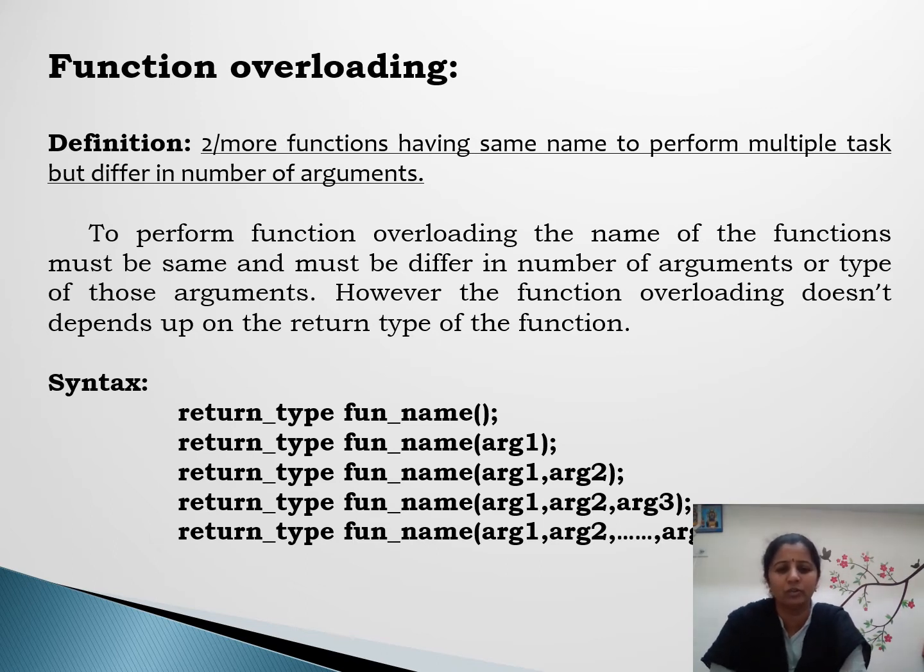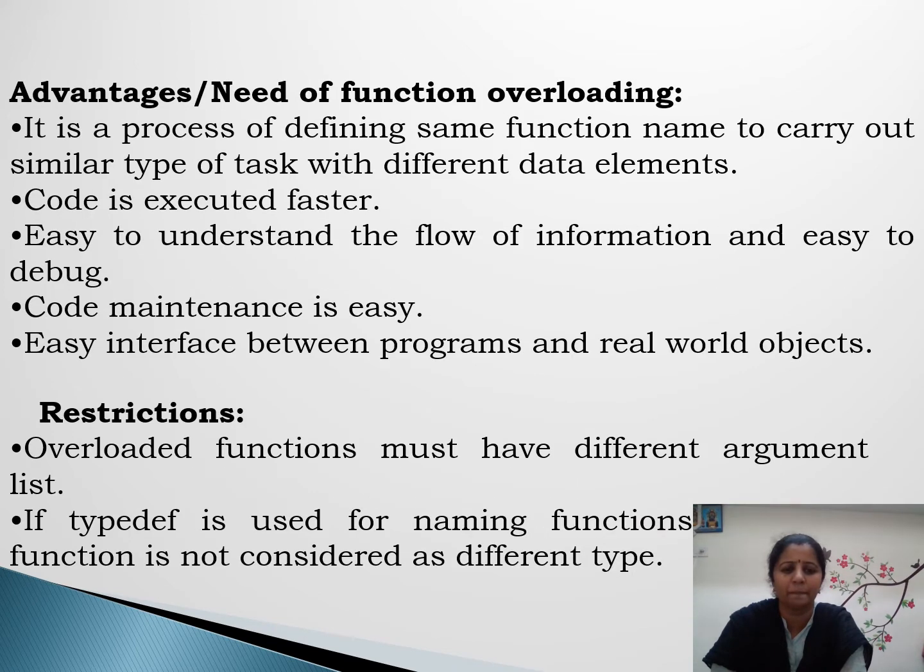To perform function overloading, the name of the function must be the same and must differ in the number of arguments or type of arguments. However, function overloading does not depend on the return type of the function. This is the syntax of function overloading. So what are the advantages, or the need, of function overloading?